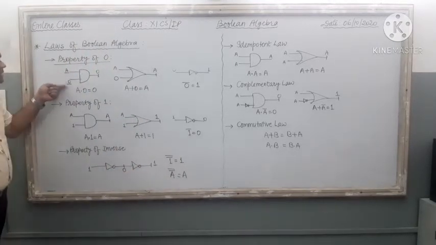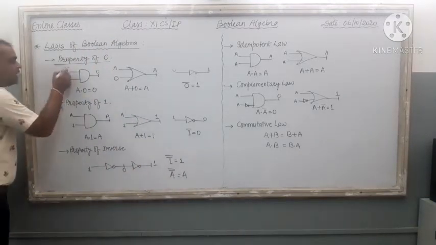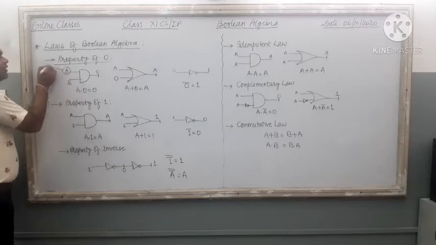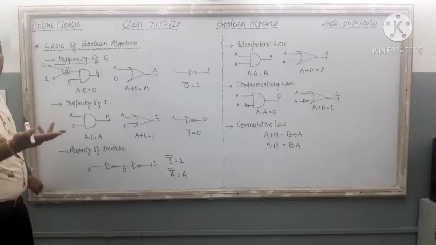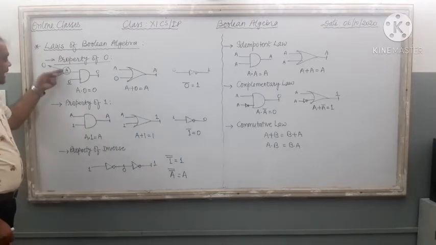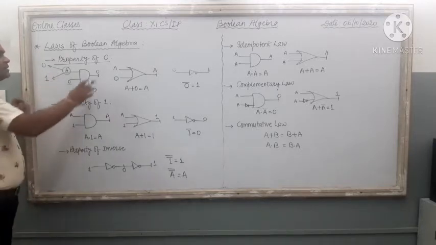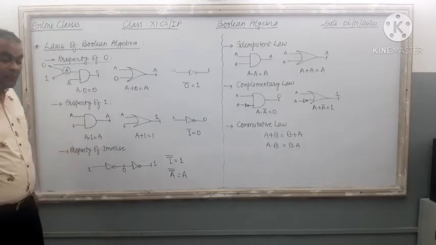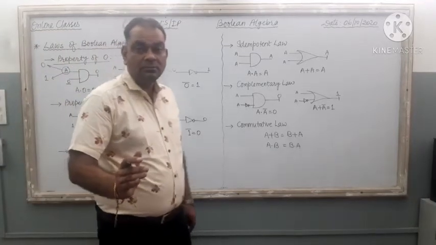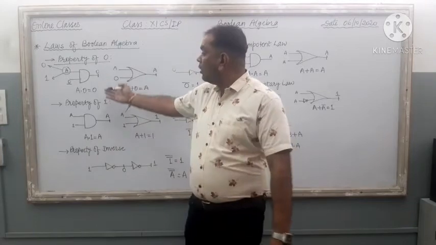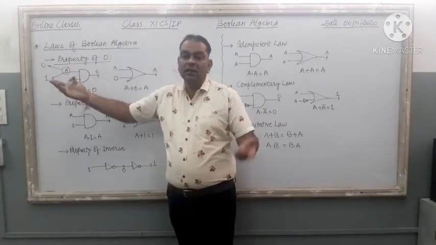So here, A, 0. Now, the input signal A, for A there are only two possibilities. Either it is 0 or it is 1, because two values are there only. Clear? So, A and 0. Now, what is the result over here? If we multiply 0 with 0 or 0 with 1, what will be the result?